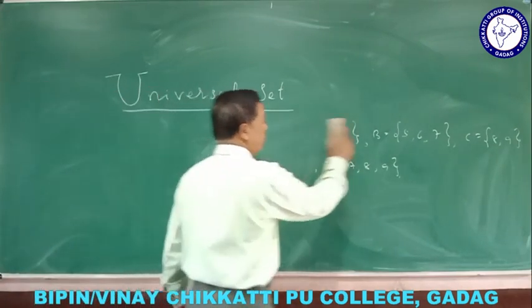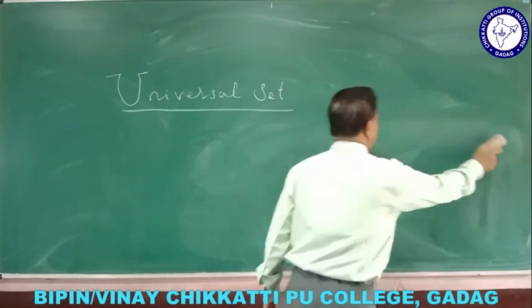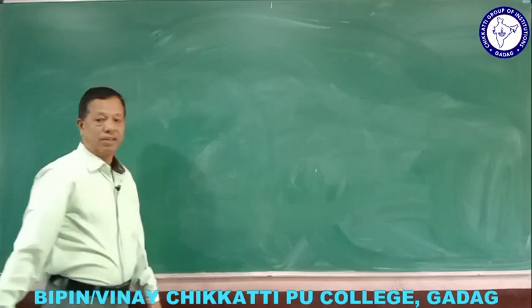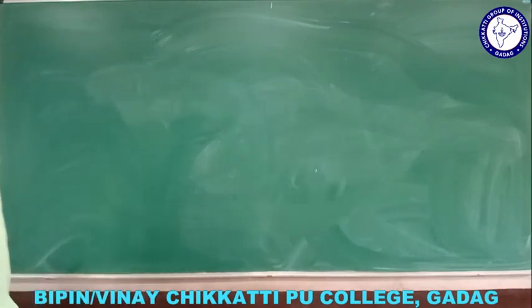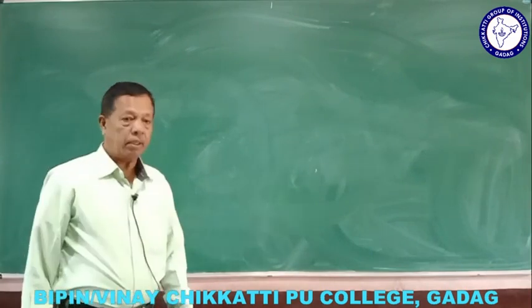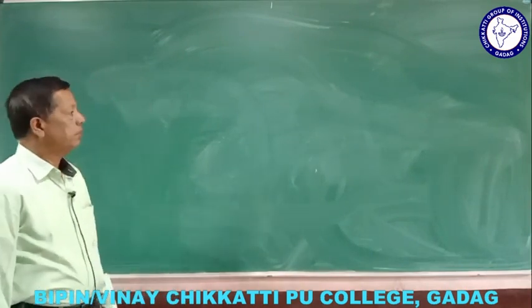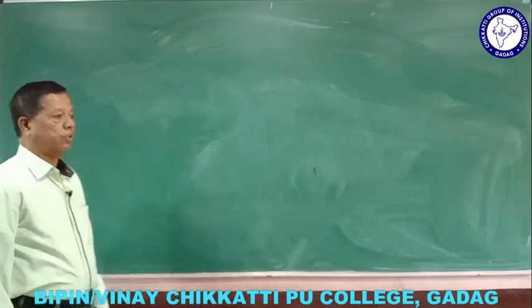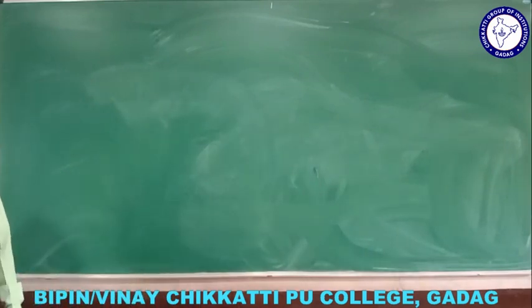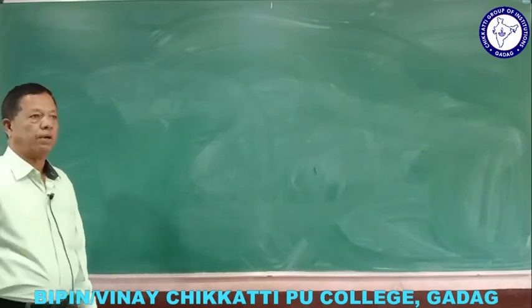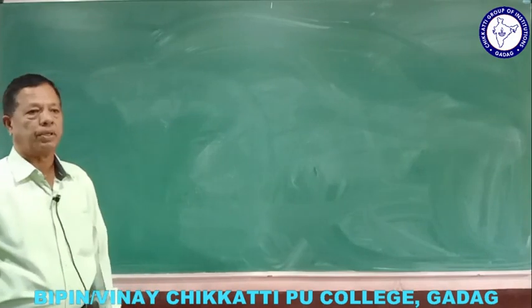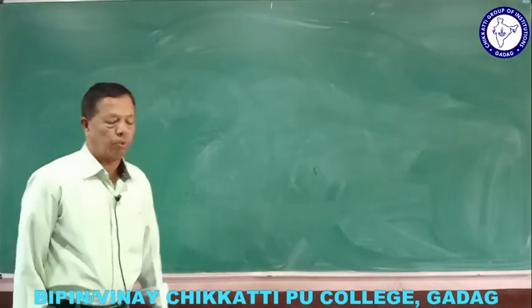You know already what superset means: if A is a proper subset of B, then B is called the superset of A. That we have already defined. Once again, if there are some sets under consideration, there happens to be a set which is a superset of all given sets, then that is called the universal set of those sets, and that is denoted by capital U.